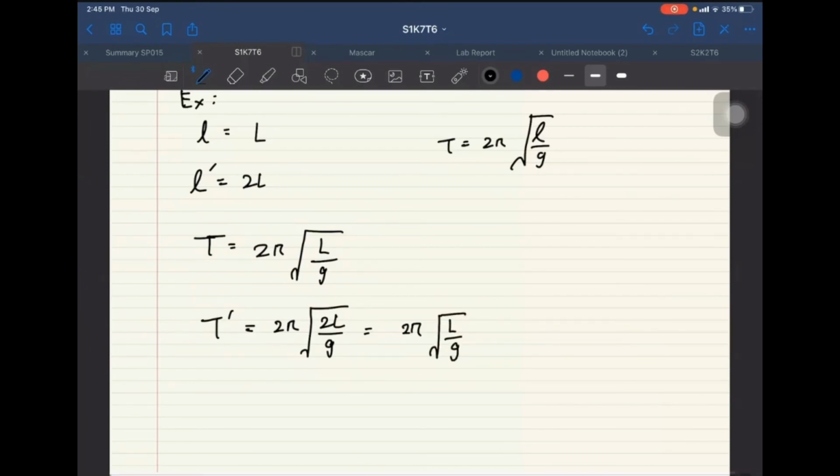You want to compare with the initial one. Okay, so basically kamu factorkan nombor yang pelik tu, yang baru ada tu lah. Okay, and you can see clearly that this one and this one is basically the same. Okay, so I can substitute back where T prime is actually equals to square root of 2 T.